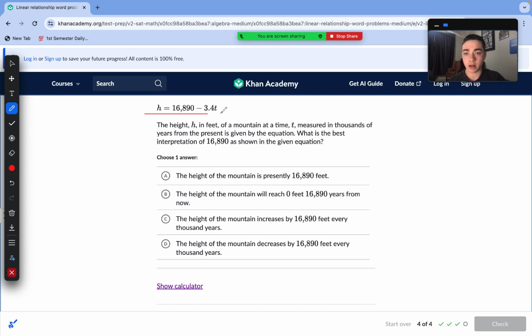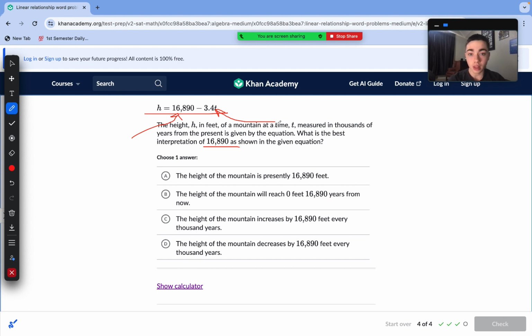They give us an equation with an obvious y-intercept, initial amount, and then a slope. The height h in feet of a mountain at a time t, measured in thousands of years from the present, is given by the equation. Which is the best interpretation of 16,890 as shown in the given equation?